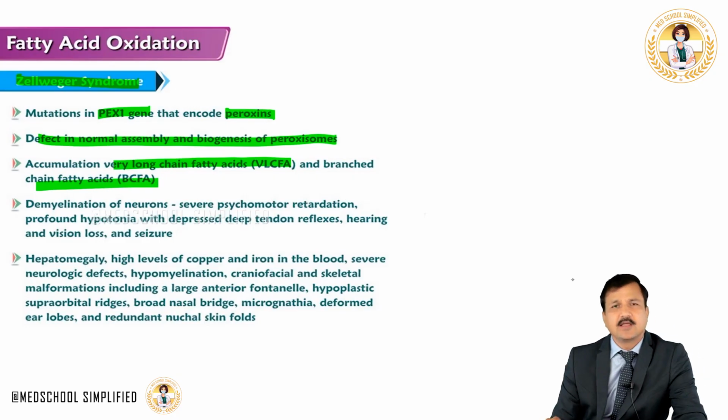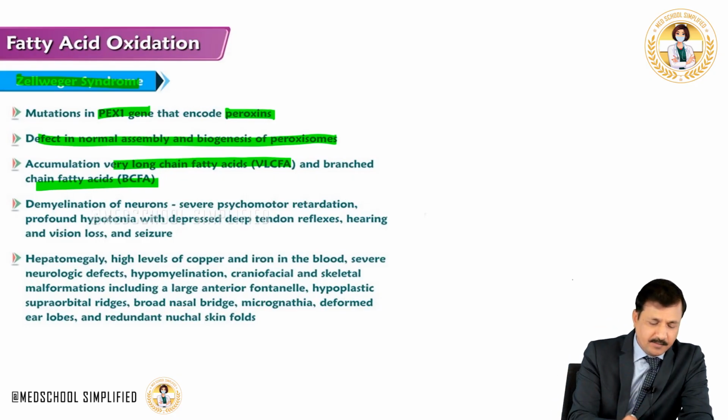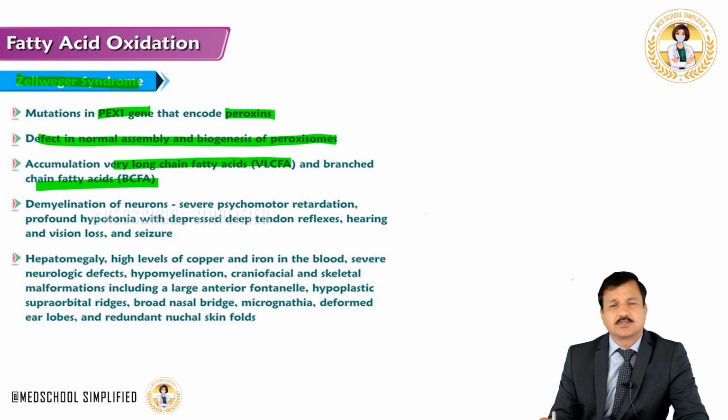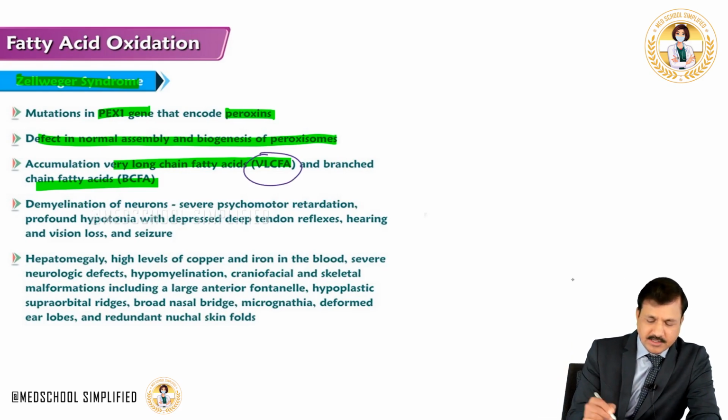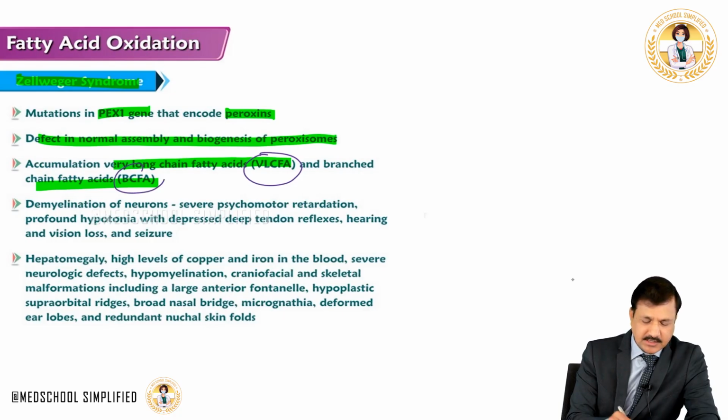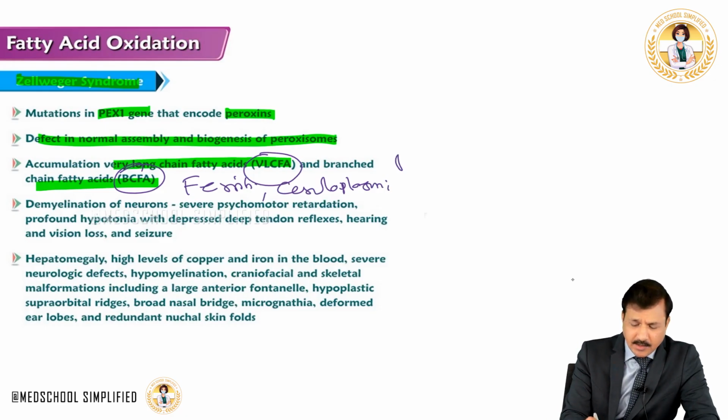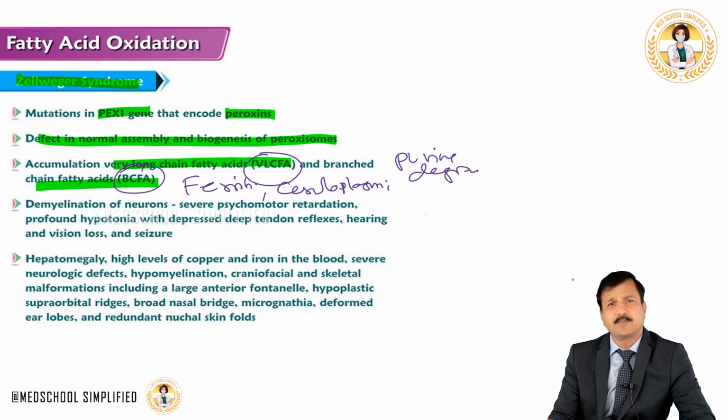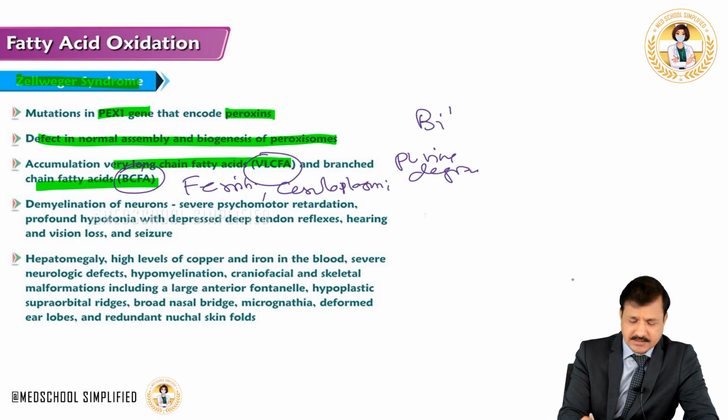branched chain fatty acids, because I told you the functions of peroxisome are oxidation of VLCFA, oxidation of BCFA, oxidation of ferritin, oxidation of ceruloplasmin, purine degradation, bile acid synthesis, and plasminogen synthesis.